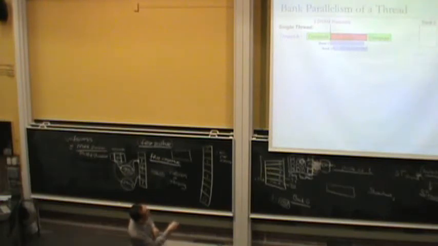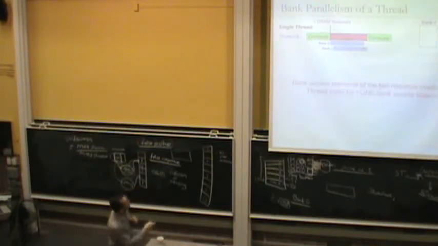And the core continues when both requests are complete, assuming that you need both of the results to do some computation. Right? So what happened here is by servicing the two requests in parallel in different banks, you overlap the latency of those two requests. The core stalled approximately for one bank access latency instead of two.